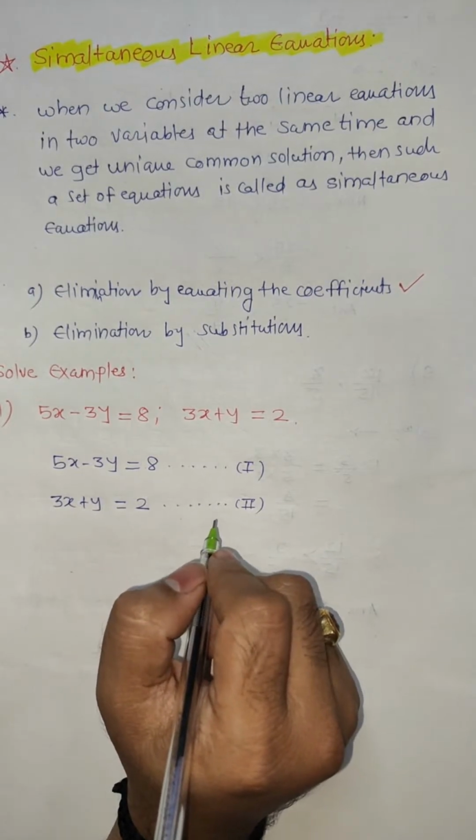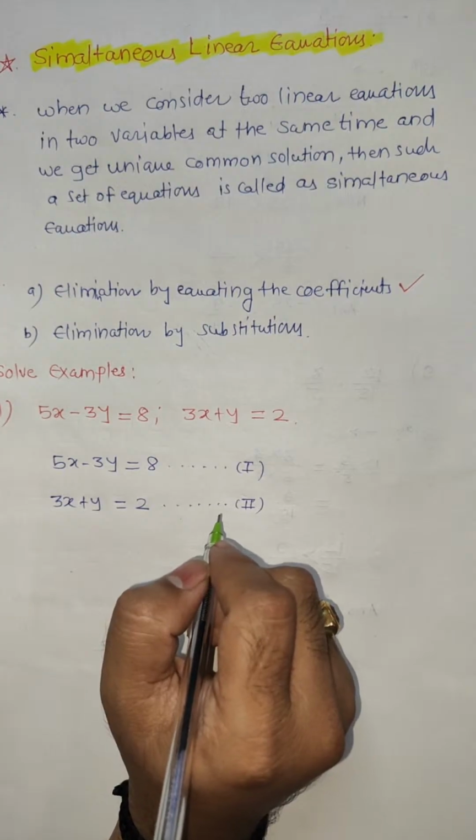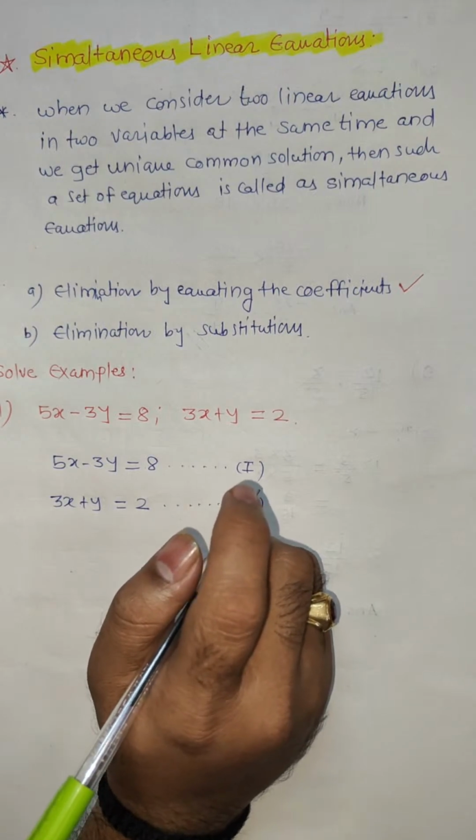Now, to convert it into a linear equation in one variable, with the y term, we have to multiply by 3.